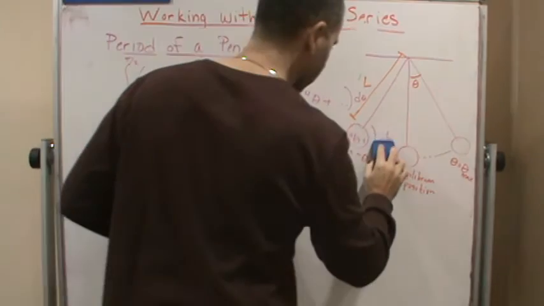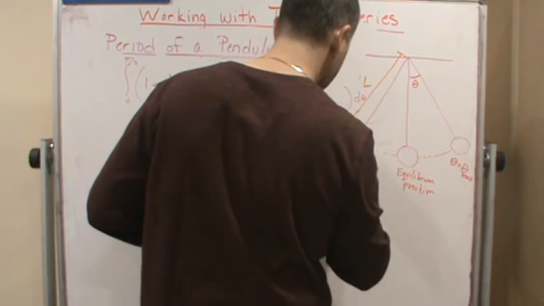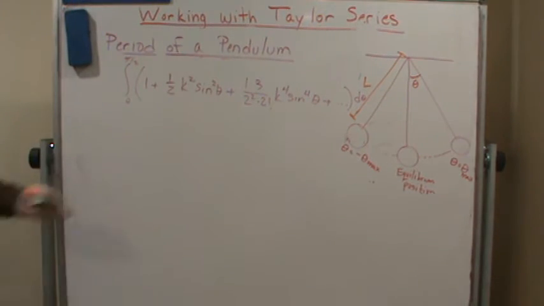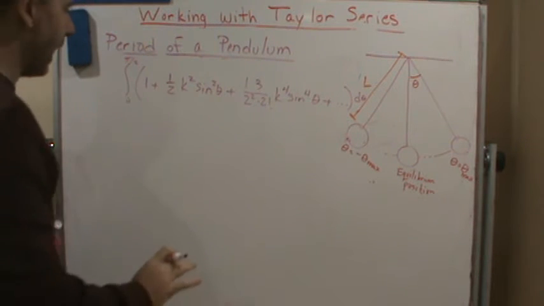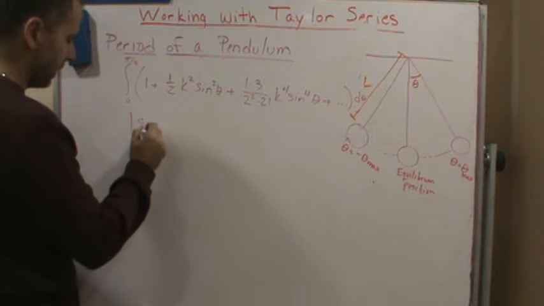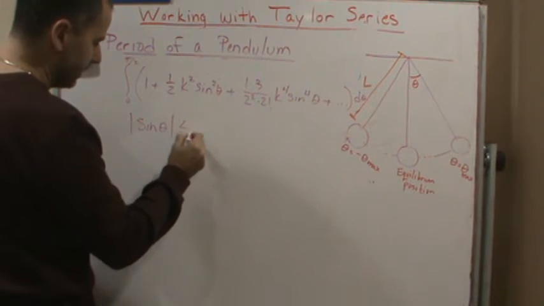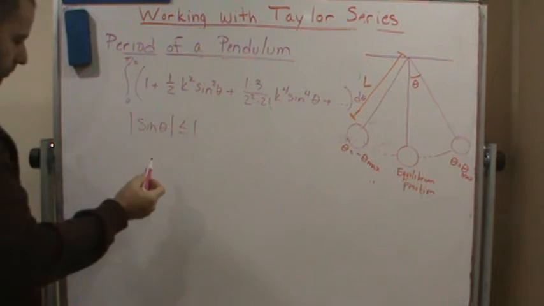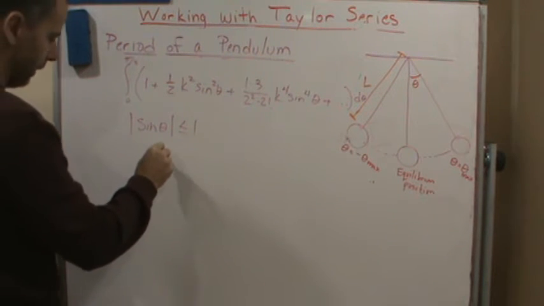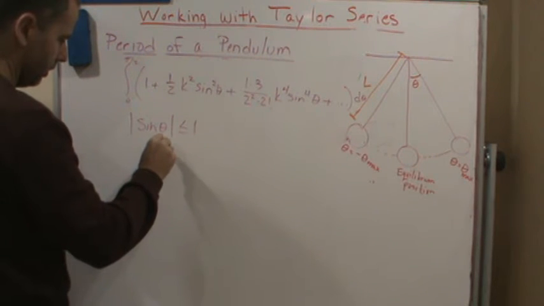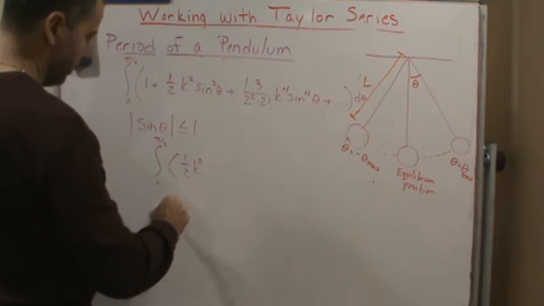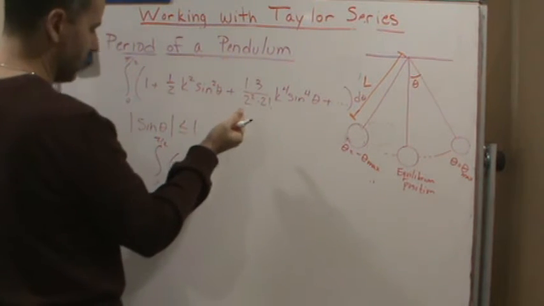Okay, so now, if we have that, since the absolute value of sine theta is less than or equal to 1, then we know that this is going to be bounded by this.